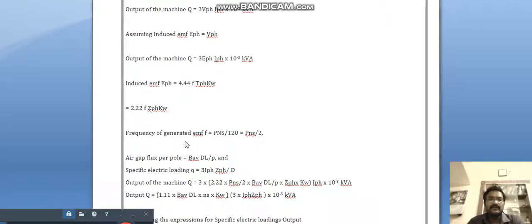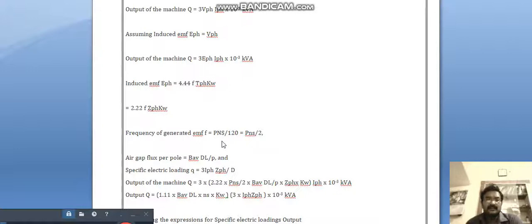Frequency of generated EMF, f is equal to P Ns by 120. How did we get this? We know Ns is the synchronous speed, Ns is equal to 120 f by P. So when we take f to the left-hand side and Ns to the right-hand side, we get f equal to P Ns by 120.